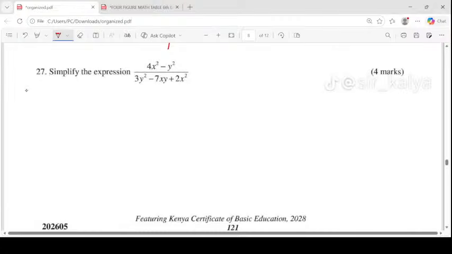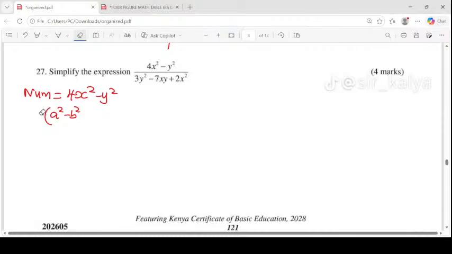Allow me to deal with the numerator first. My numerator is 4x squared minus y squared. This is a difference of two squares.